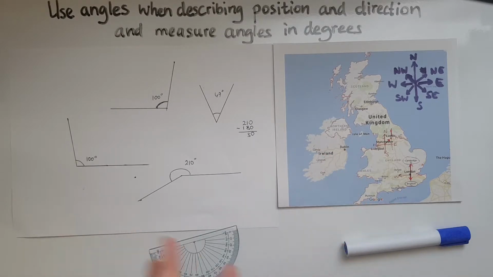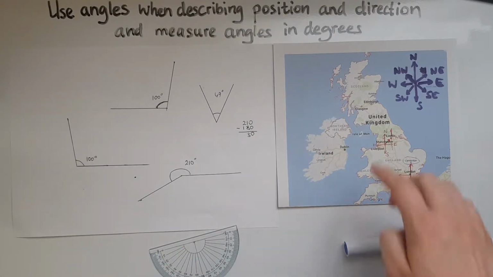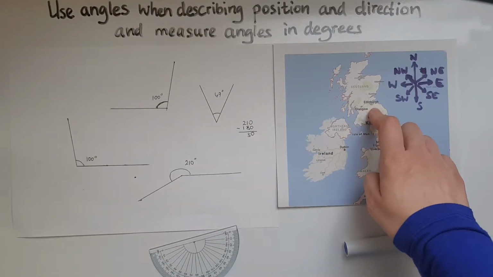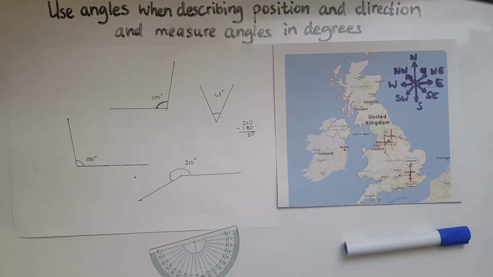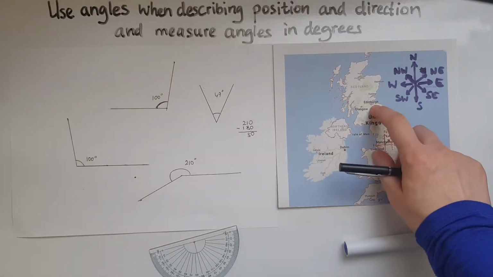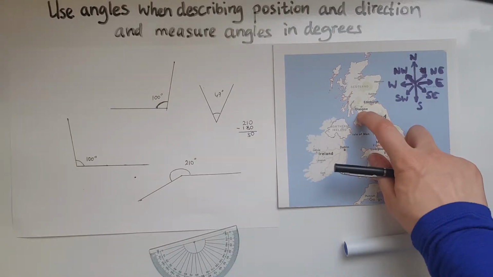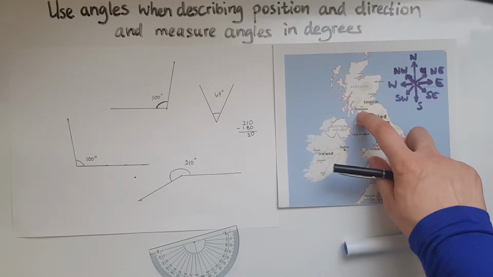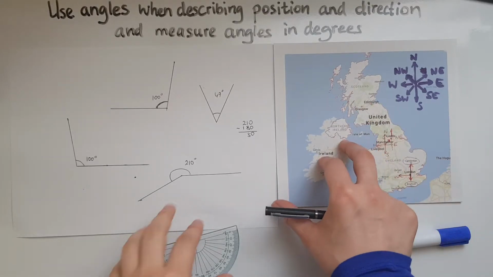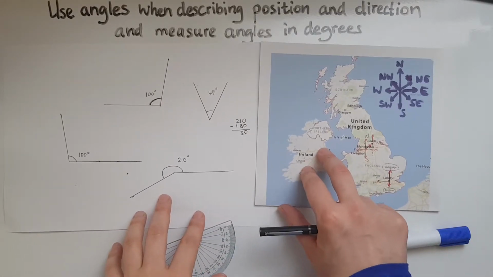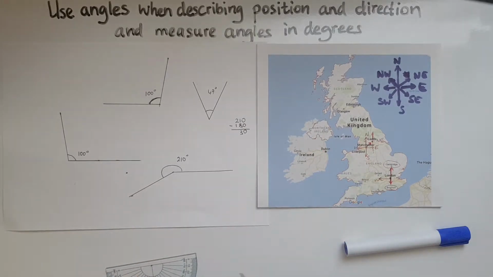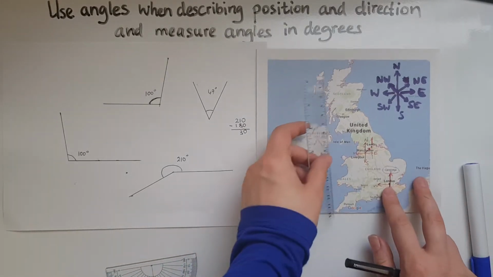We'll try and measure the degrees, measure the angle to be precise, and we'll use the map to do that. So we'll pick 2 different places, Glasgow and Edinburgh, and we'll try and find what we call the bearing of Edinburgh from Glasgow. The wording suggests from Glasgow, that suggests that we start with Glasgow, and we always start from the north.